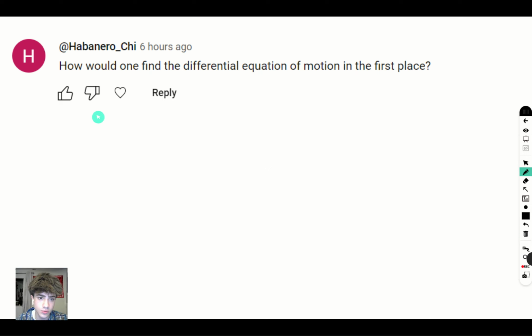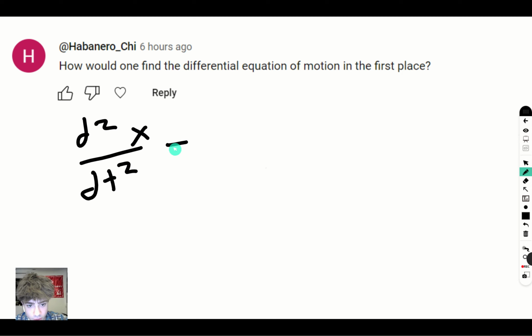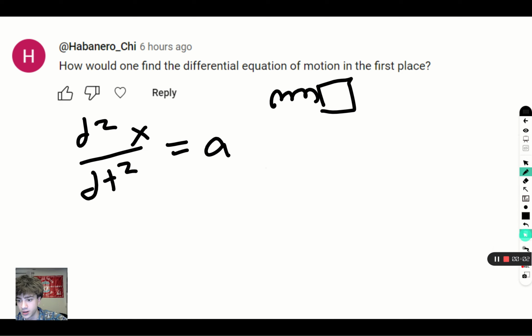So the first thing you want to do when solving for alpha, or in the spring's case, it would be a. So for a spring, it would be d2x over dt squared, which is otherwise written as a, or just regular acceleration, because when you have a regular spring system, it is oscillating in a linear manner, whereas when you have a pendulum, then it's going to be alpha because it's oscillating in a rotational manner.